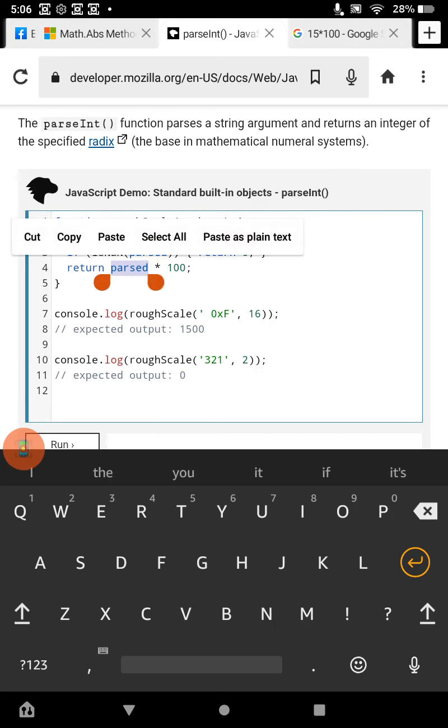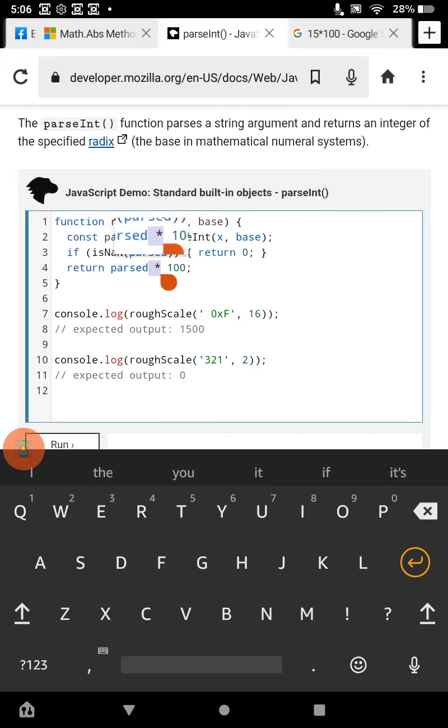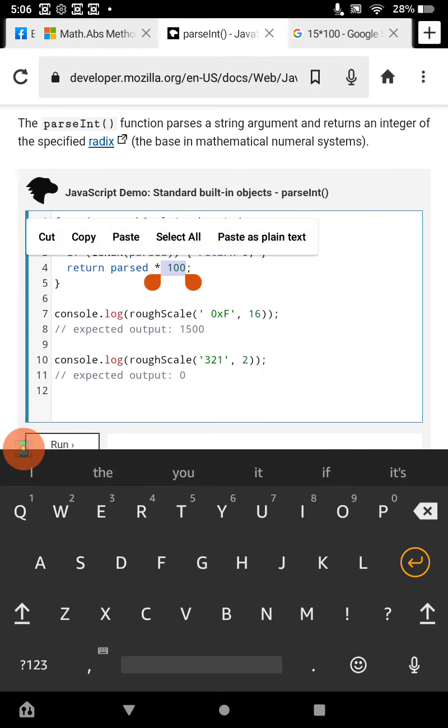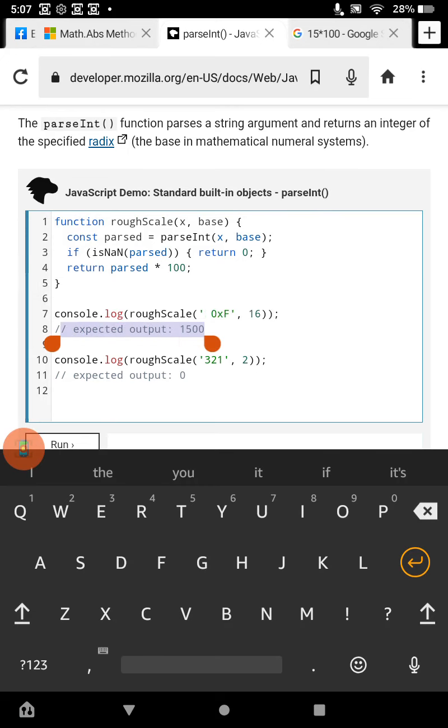Then that value of 15 is multiplied with the asterisk multiplication operator by 100, and then you get 1500. See, that's how they know.